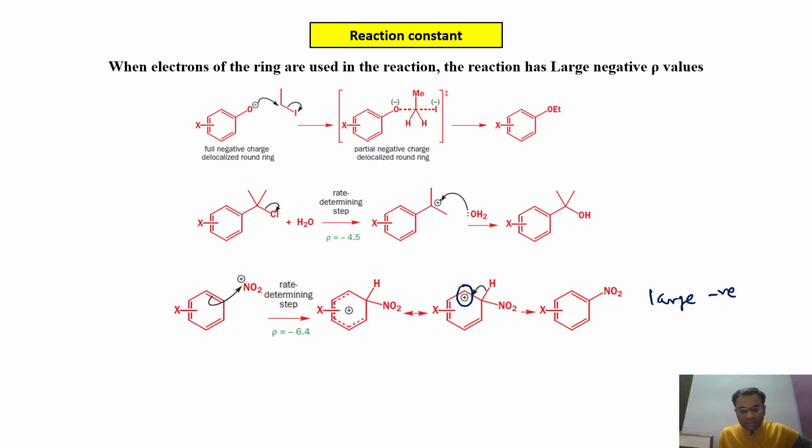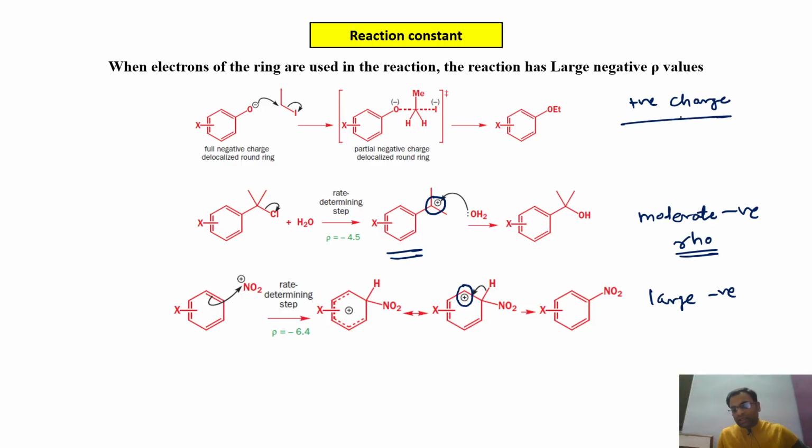When the resultant carbocation formation takes place slightly away from this benzene ring in the reaction, then it will have a moderate negative rho value.